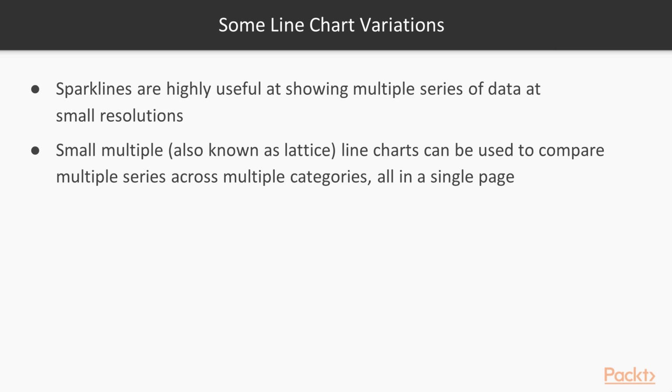And then we've got small multiple line charts, also known as lattice charts within R. Here we can take smaller charts and put multiple instances on a single page, giving the viewer a lot of information in one place.